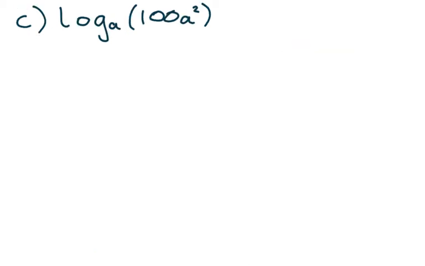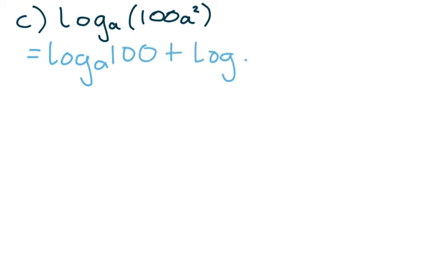So the next one is a little bit more complicated, and what we're going to do first is split this 100a squared up. So we're going to have log a of 100 and add log a of a squared.